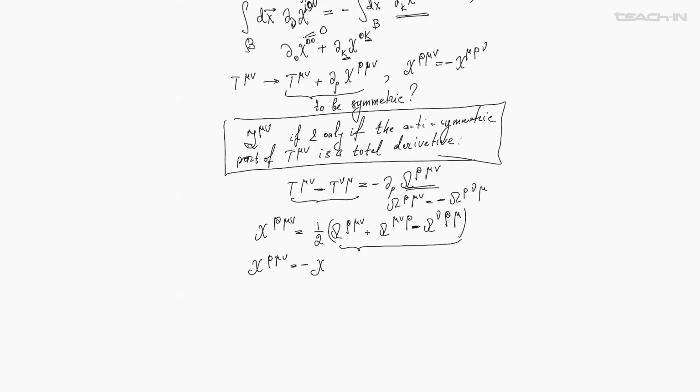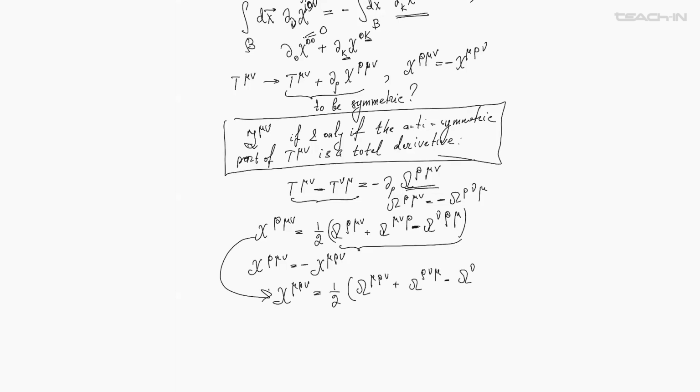If I change indices ρ and μ, what I will get from this formula is χ^{μρν} equal to 1/2 (ω^{μρν} + ω^{ρνμ} − ω^{νμρ}).